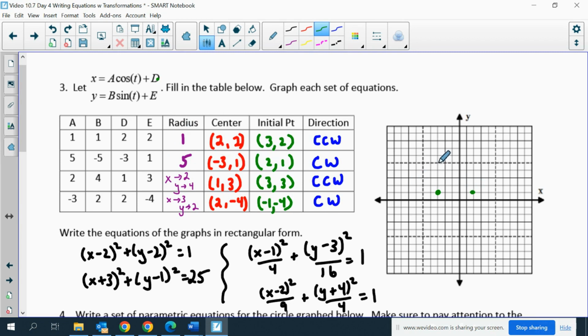And then I'm going to actually end up going clockwise this time. And the reason why it goes clockwise is because this b value is negative. So that means my sine starts by going down. And if my sine starts by going down, my y value here starts by going down.